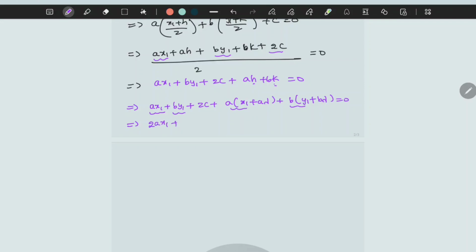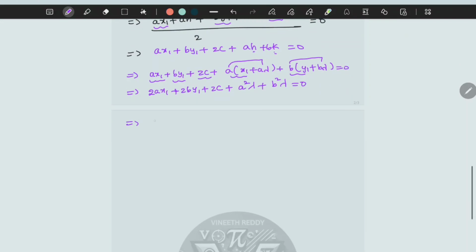I have one by1 and another by1, so I get 2by1, and I have 2c. Multiplying, I get a squared lambda and b squared lambda. So if I take 2 common from these three terms, I get 2(ax1 + by1 + c), and if I take lambda common I get (a squared + b squared) = 0.